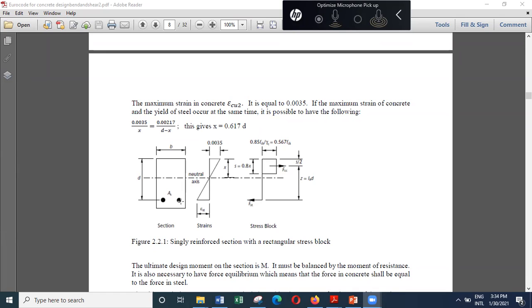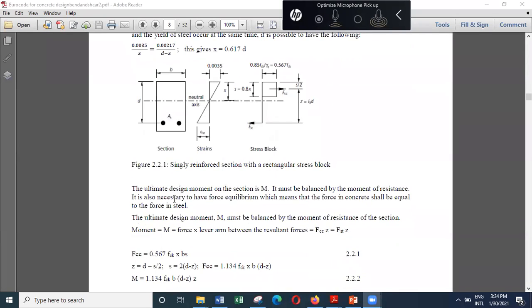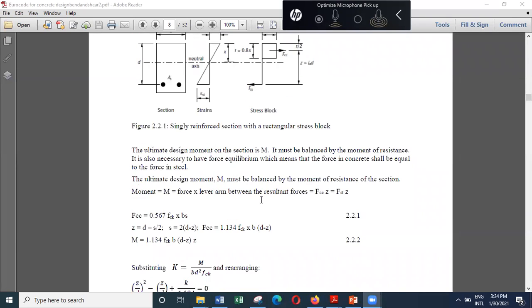If we know the lever arm, we can straight away find the reinforcement needed. The ultimate design moment on the section is M, and it must be balanced by the moment of resistance, and we also need force equilibrium, that is FST is equal to FCC. Then the moment is equal to FCC times Z or FST times Z.